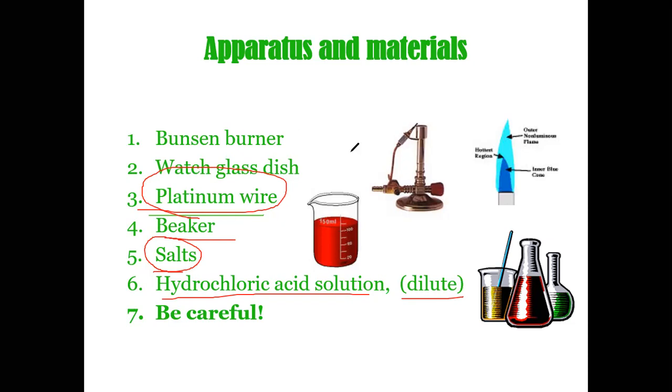Usually by dipping the platinum ware in the dilute hydrochloric acid, then putting it on the flame. The flame will burn away any kind of contamination and the platinum ware will be clean. So the purpose of using hydrochloric acid is making the solution and cleaning the platinum ware.